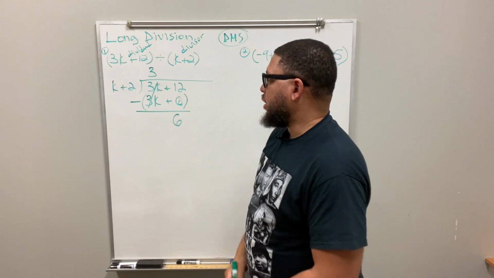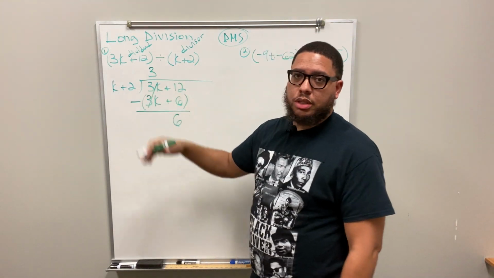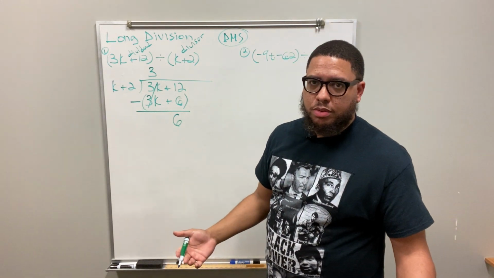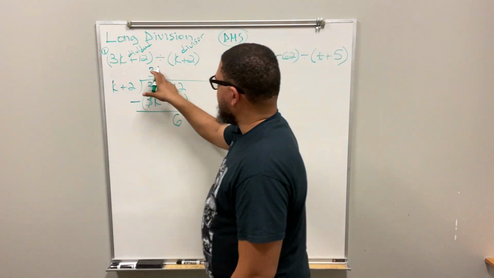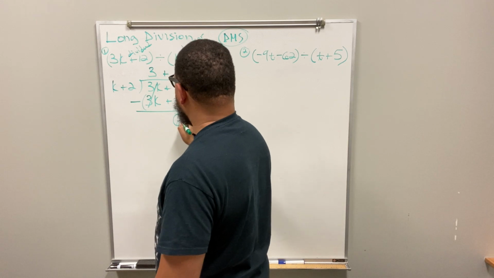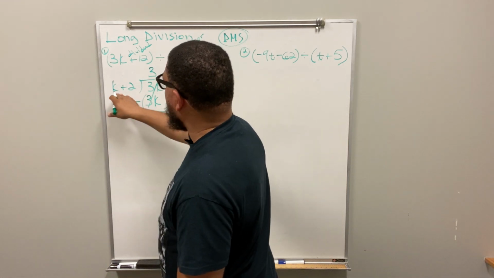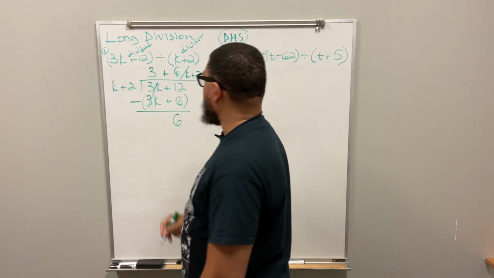But the most appropriate way to write our result or our quotient when there's a remainder is you kind of write it like how you would write a mixed numeral, right? The big number, the numerator, and the denominator, right? So this is your quotient, and then you say 3 plus, because this is positive 6, plus 6, the remainder, divided by the divisor, which in this case is k plus 2.